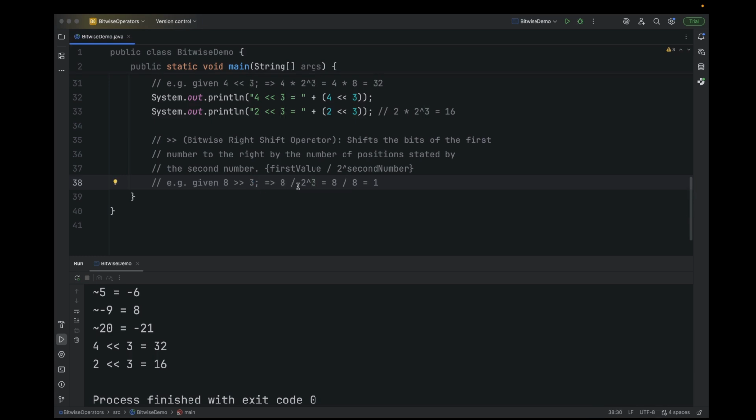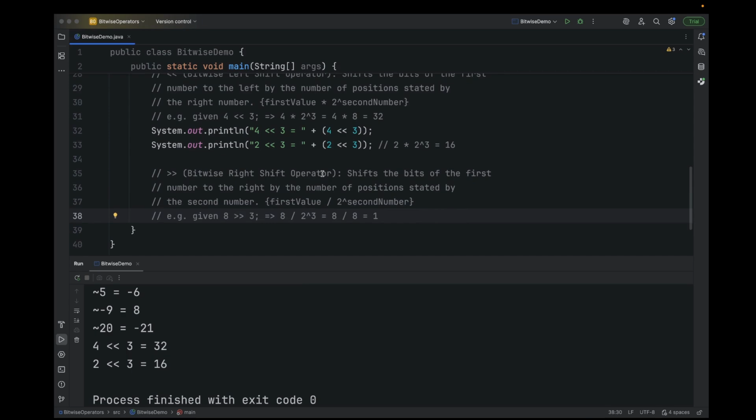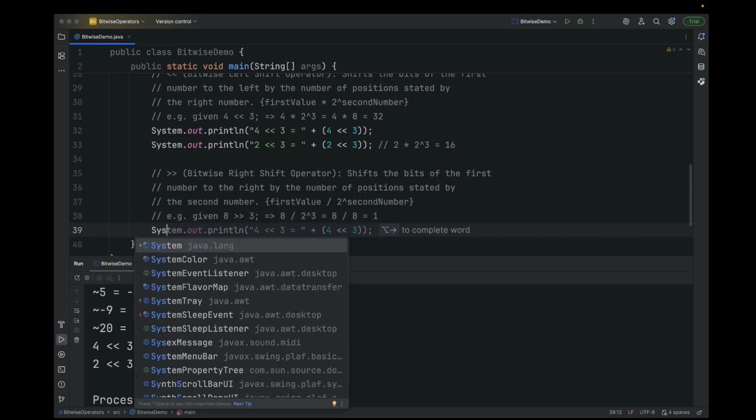But the difference between right shift and left shift is that the left shift formula uses multiplication, while this is division. So 8 divided by 2 raised to power 3. 2 raised to power 3 is already 8, right? So that means 8 divided by 8 will give you 1. So let's run the program and see.